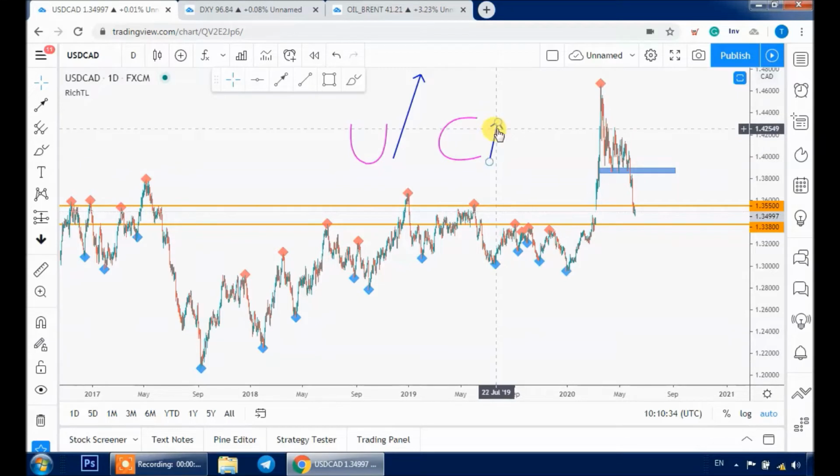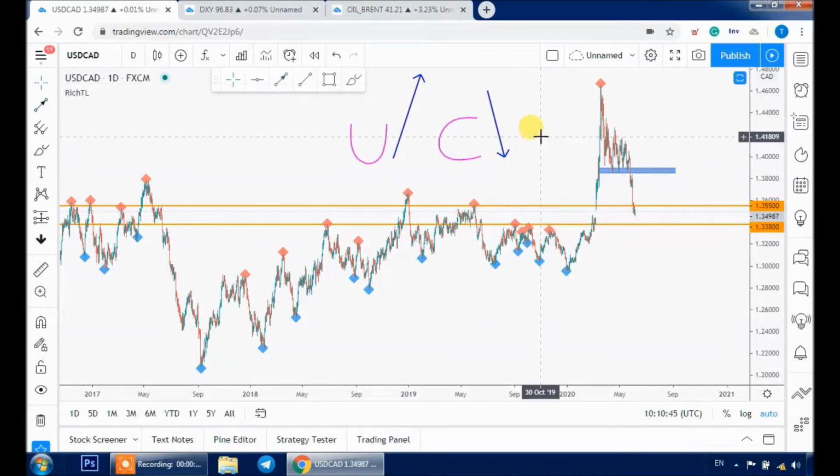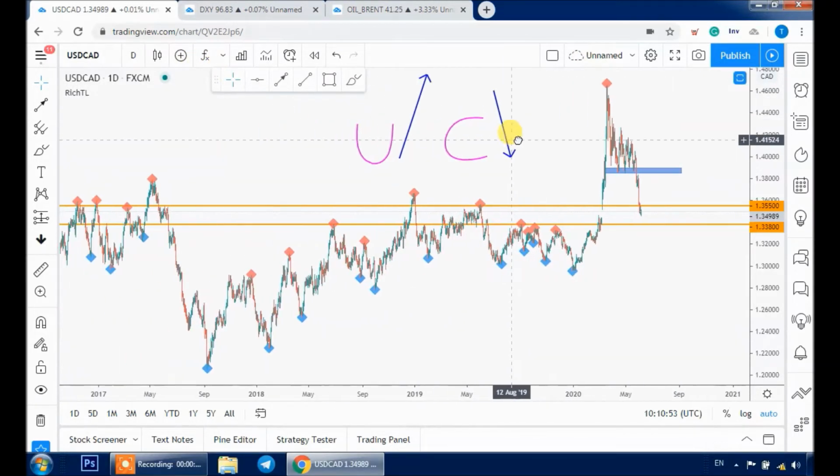And that's exactly what we want to see. We want the best case scenario. We want to see the USD go stronger and the CAD go weaker, because we want to speculate a bullish movement on USD-CAD. So let's delete these two as we don't need them anymore.